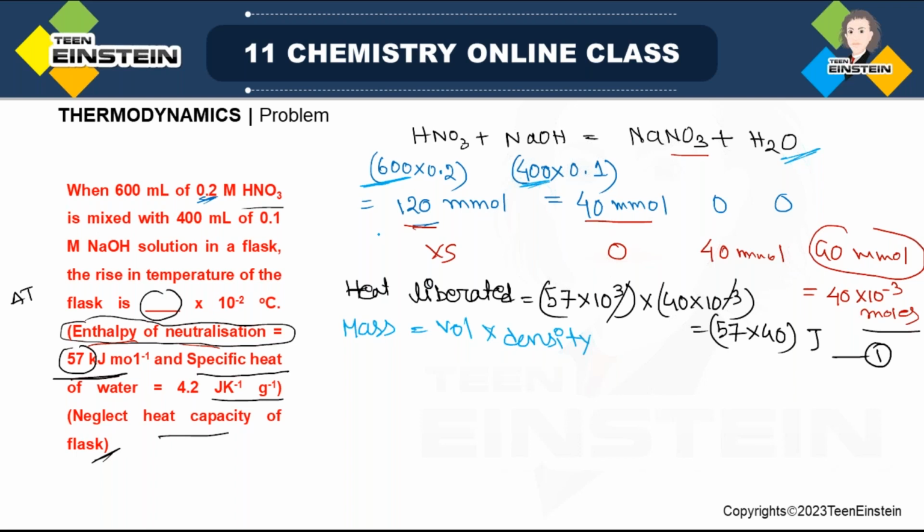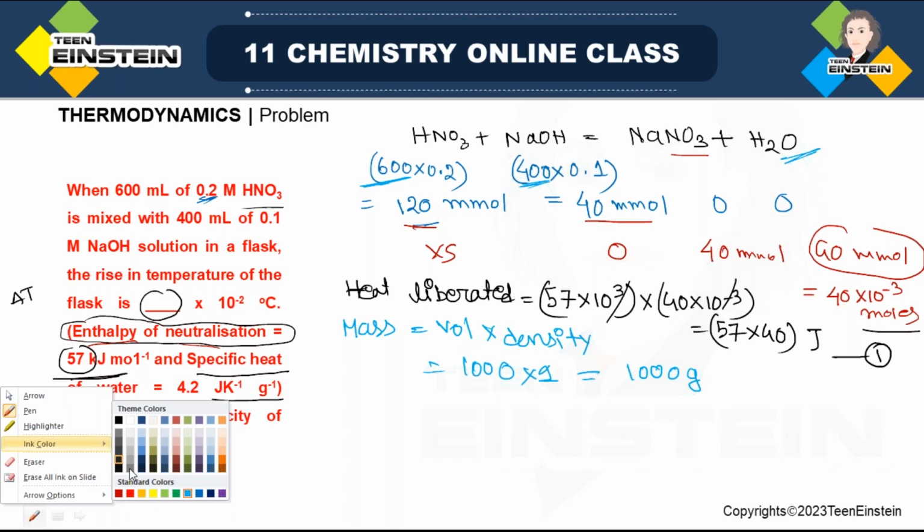Even after the reaction is complete, the total volume will be 600 plus 400, because you have not added anything else. Total volume involved is 1000, and you can consider the density as 1 because nothing is given. It is the density of water. So the mass involved is 1000 gram.